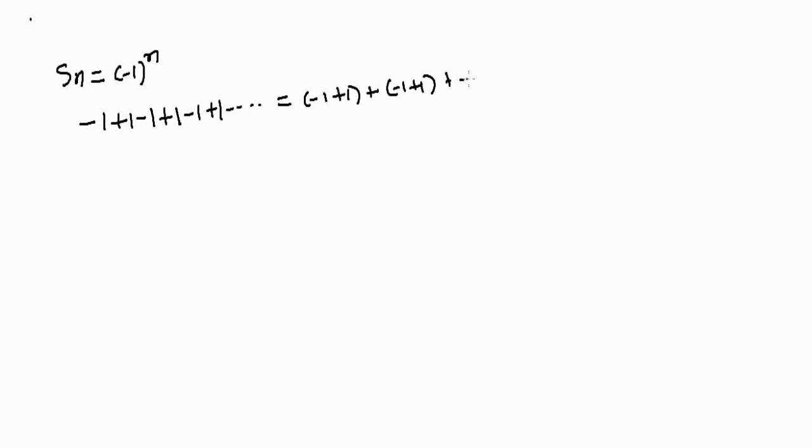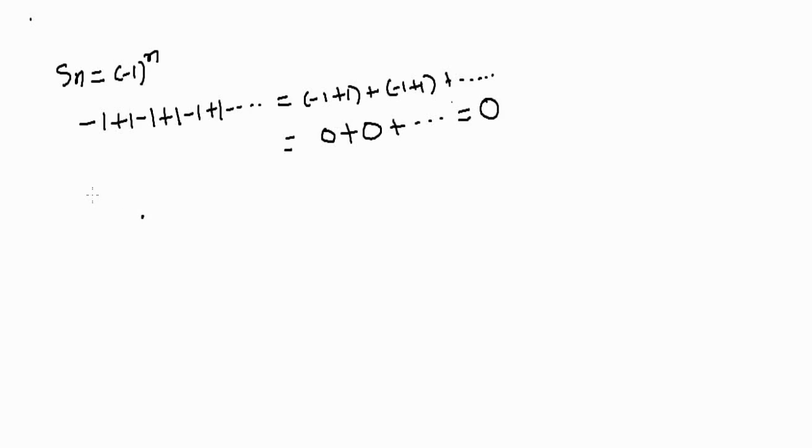If we consider a sequence Sn equal to minus 1 raised to n, and we add the terms of the sequence, minus 1 plus 1, minus 1 plus 1, minus 1 plus 1, like this, we get 0 plus 0 plus 0, and hence we get 0.